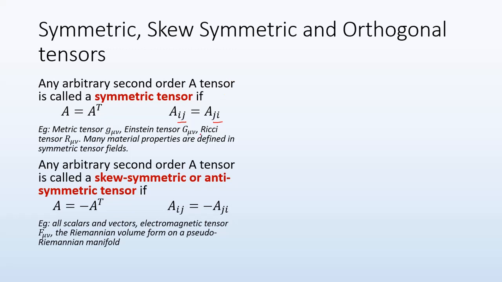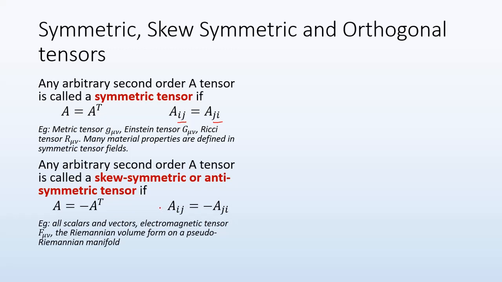Similarly, if an arbitrary tensor A is called a skew symmetric or anti-symmetric tensor, then A will be equal to negative of A transpose. In index notation, I can write Aij is equal to negative of Aji. Examples of skew symmetric tensors are all scalars and vectors.